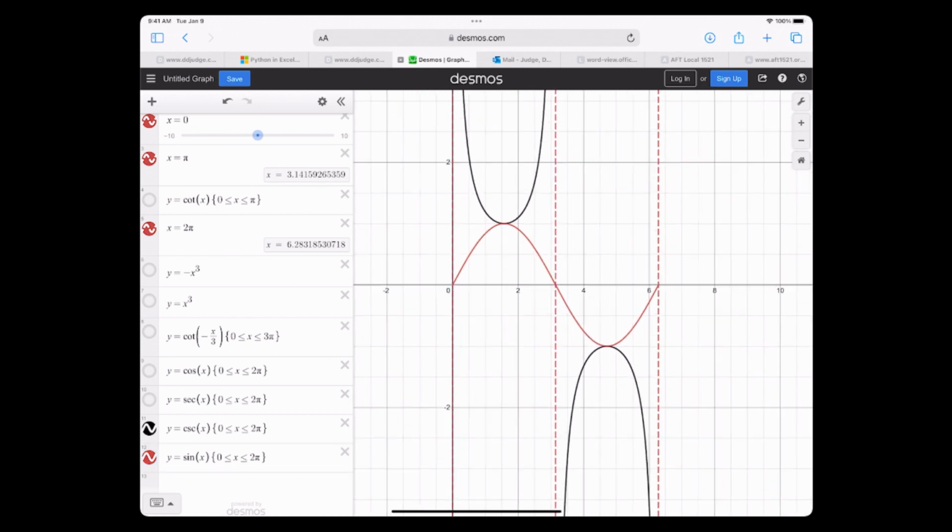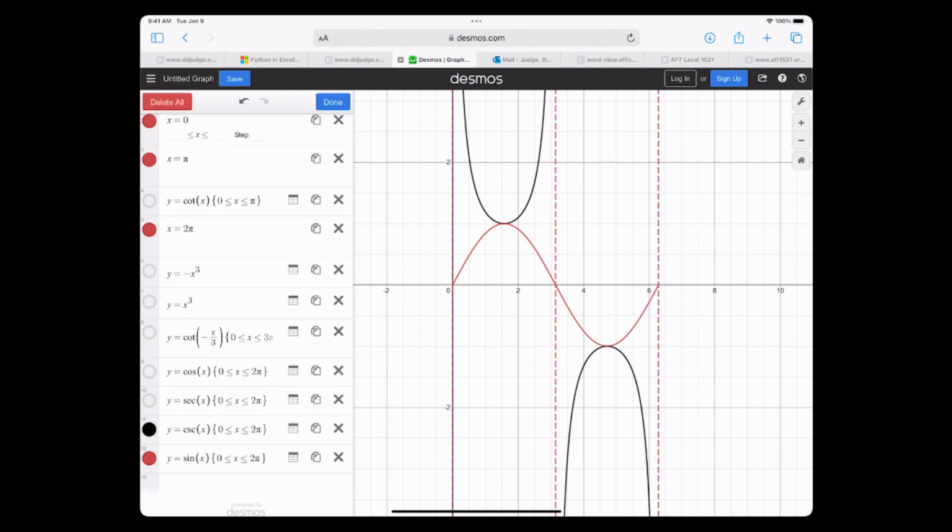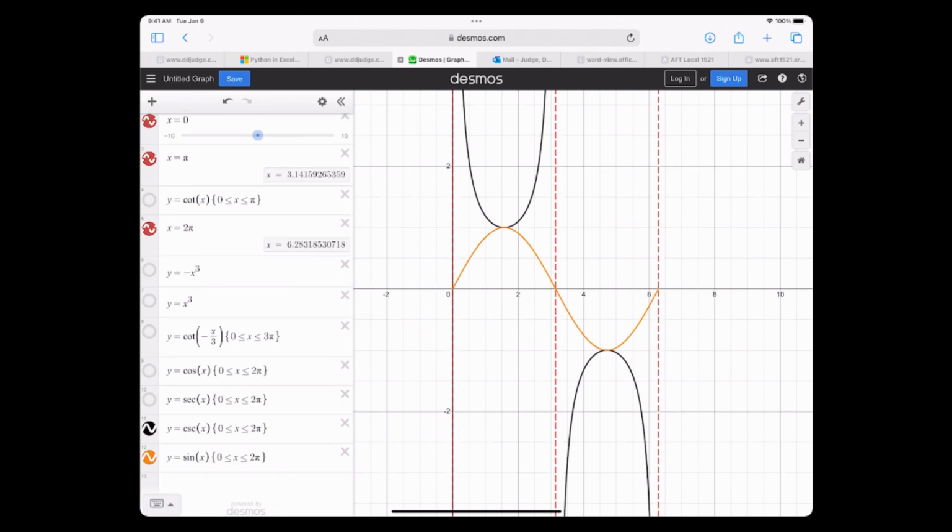And if you like, well, maybe an orange curve.